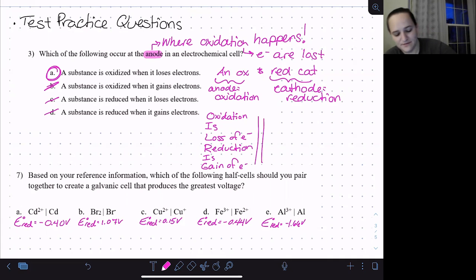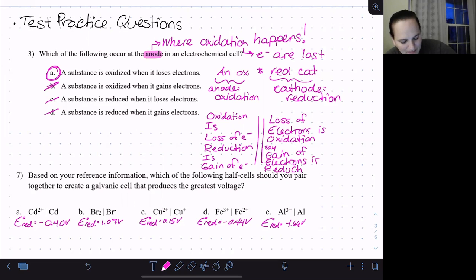My personal favorite is Leo the Lion says grr. That's the one I was taught, and it's cuter, so I like it. But they amount to the same thing. Loss of electrons is oxidation.